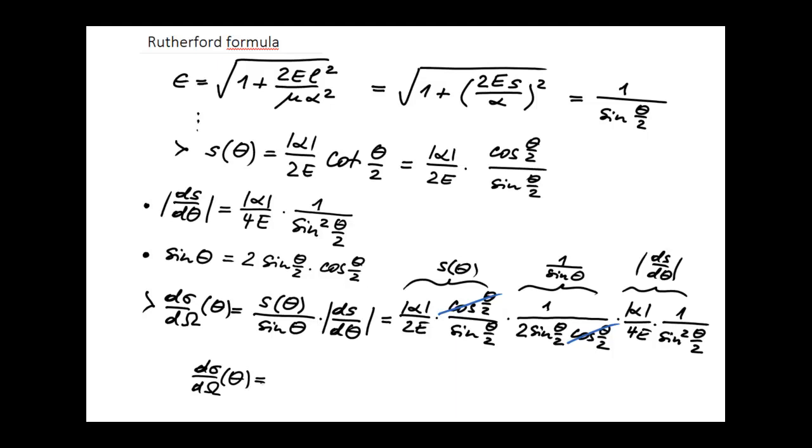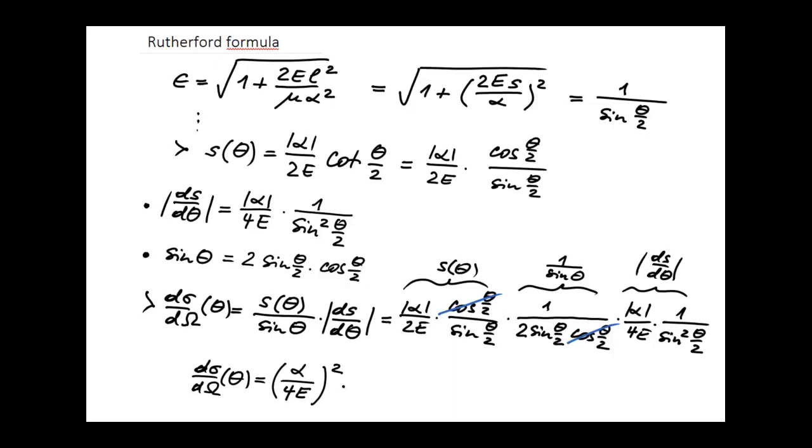We have the factor alpha twice, so we get an alpha squared, and we have the factor E twice in the denominator, so we get an E squared in the denominator, and then we have numerical factors 2 times 2 times 4, so that's 4 squared, so we have a 4 in the denominator.